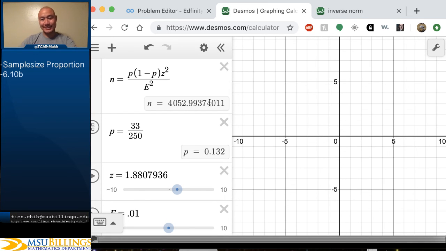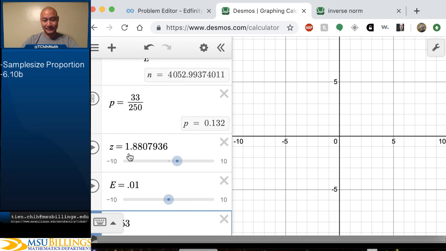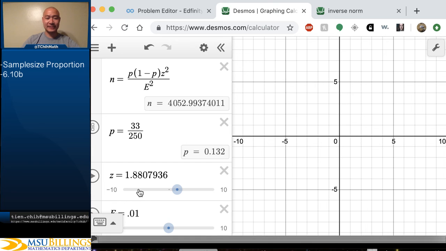Because what this is telling us is that n needs to be this value in order to have 1% error at this level of confidence. If your n is less than that value at all, there will be more error. So if you round down, you increase the error. And so you always round up no matter what in these cases in order to get the right n. That will give you the right amount of error at the confidence level requested.